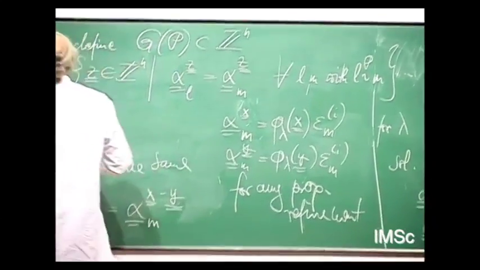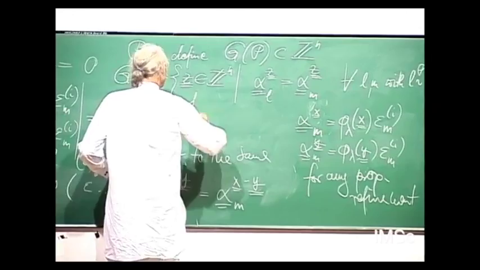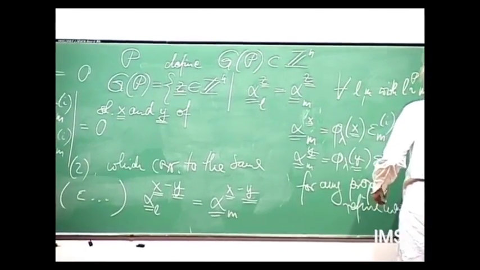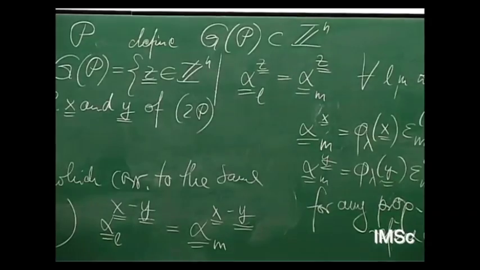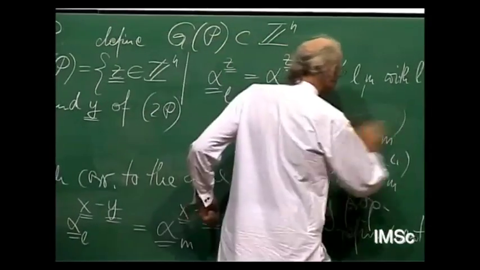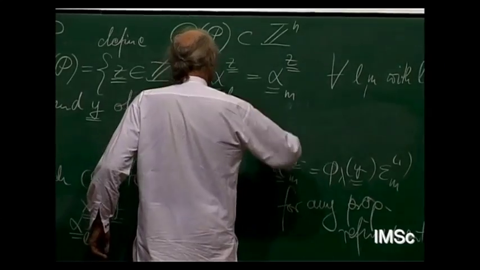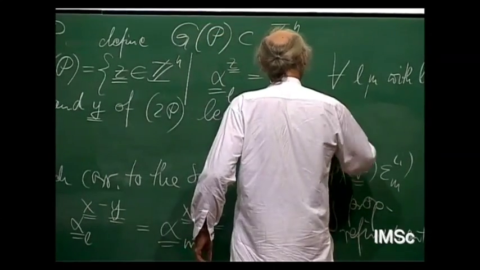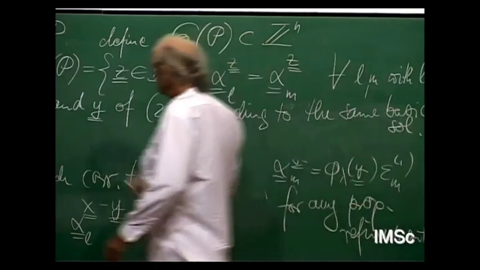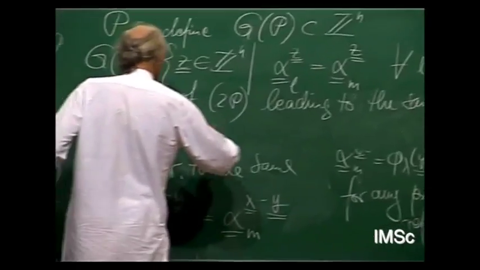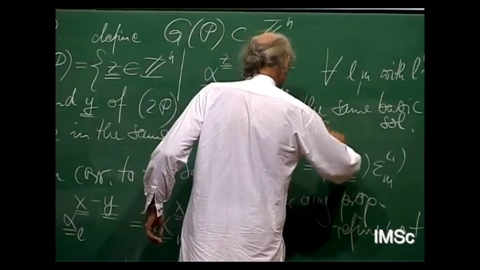So solutions x and y of equation 2P leading to the same basic solution lie in the same coset mod G of P.